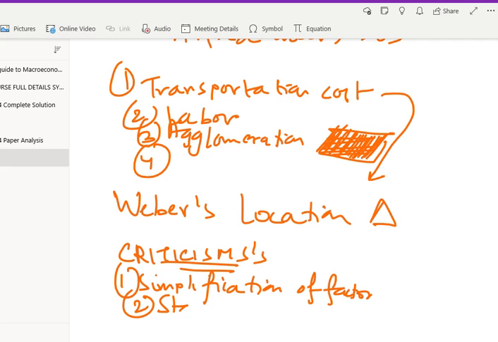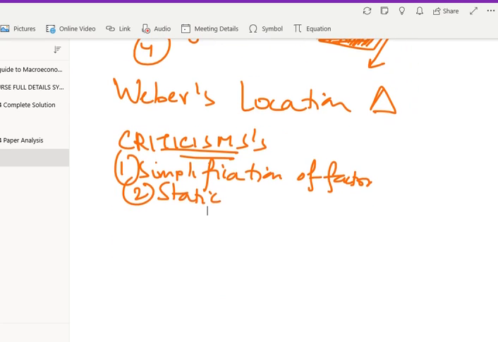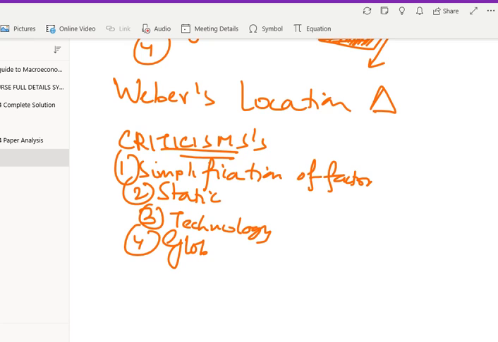Then you have static assumption. Then technological advancement. Then globalization. And then environmental and social factors. Okay. Now give contemporary relevance, and finally a nice conclusion.